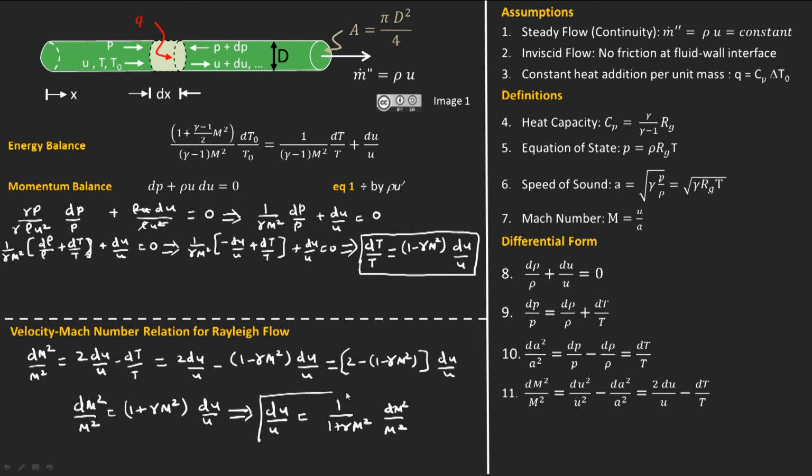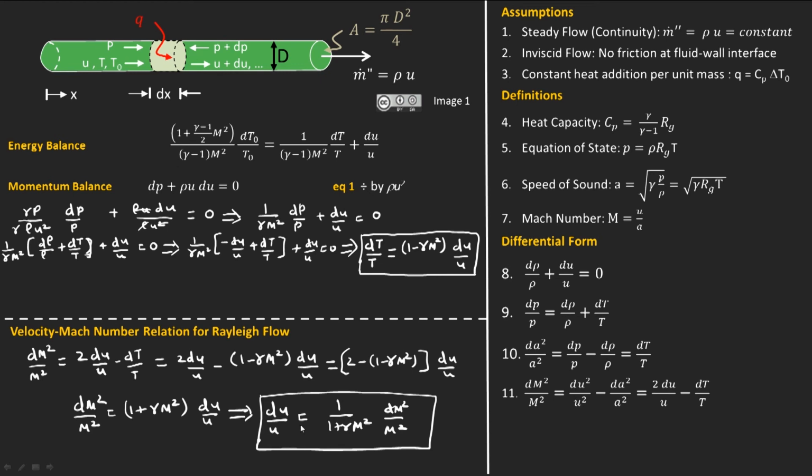And there you have it. This is the velocity Mach number relationship derived for the case of flow with heat addition, or Rayleigh flow, using these assumptions of inviscid flow as well as steady flow and constant heat addition. Again, we can see that this velocity Mach number relationship is different from that for the case of flow with friction, in which we had a slightly different set of assumptions.